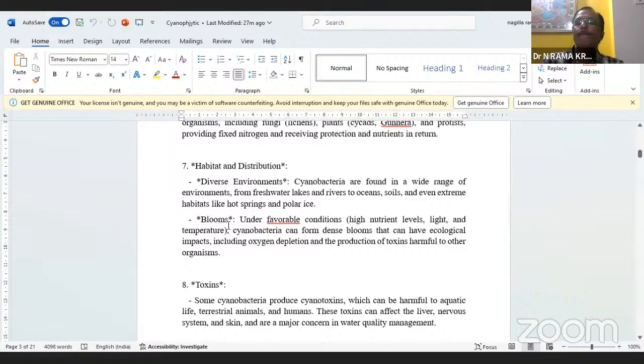Now you see here bloom-like structures under unfavorable conditions. The cyanobacteria can form dense blooms that can have ecological impacts, including oxygen deprivation and the production of toxins harmful to other organisms.